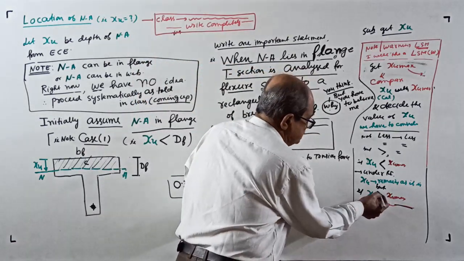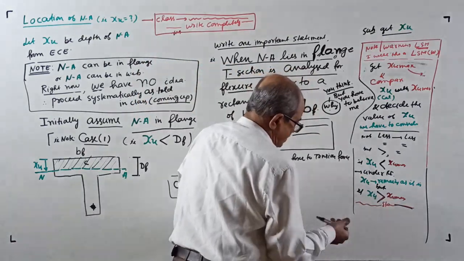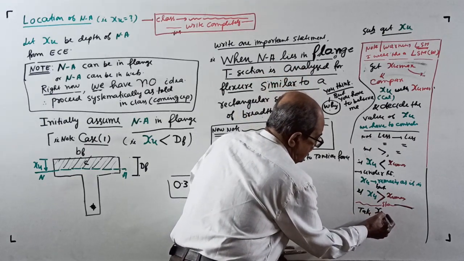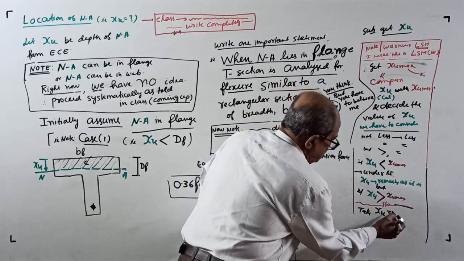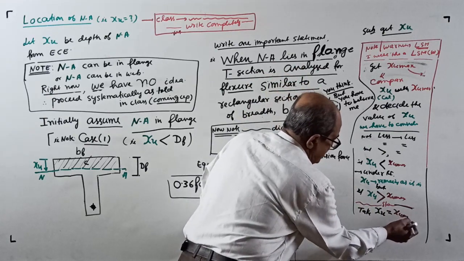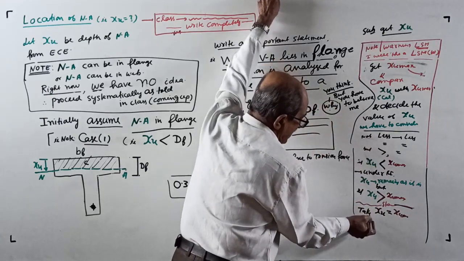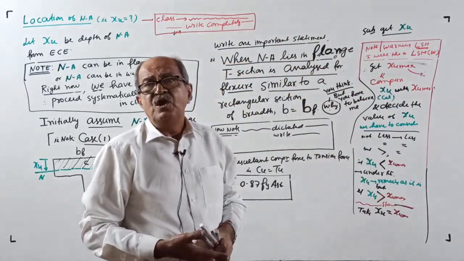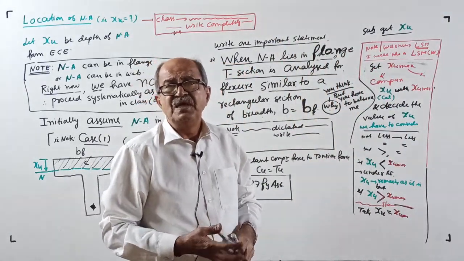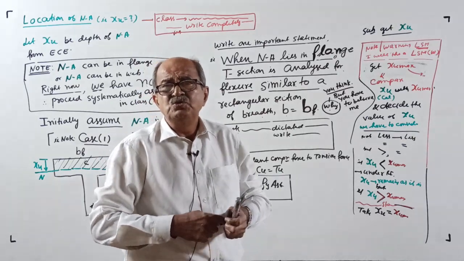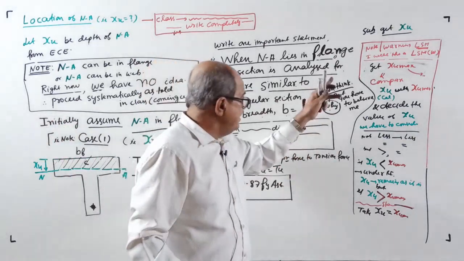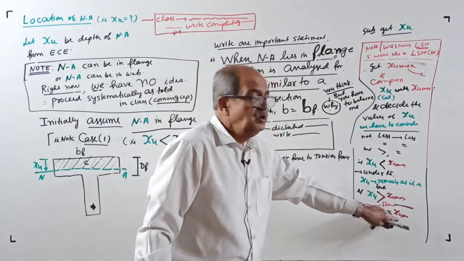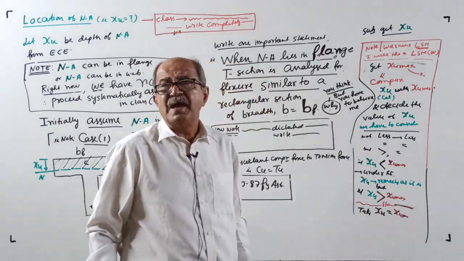Therefore, if xu comes more than xu max, you write: for all further calculation, take xu equal to xu max. Your calculated value will vanish right there.